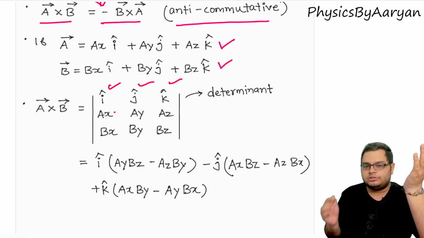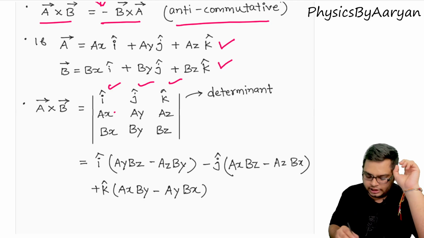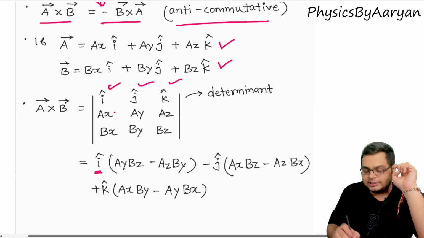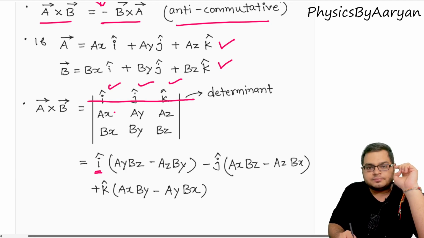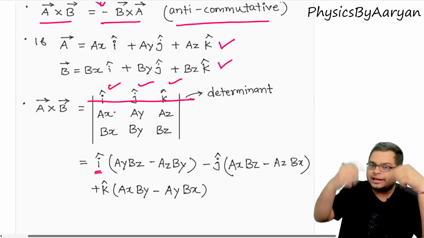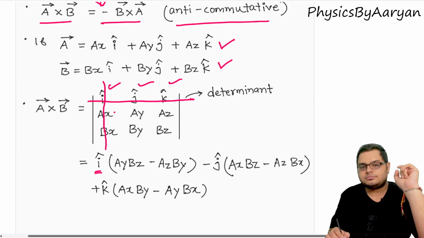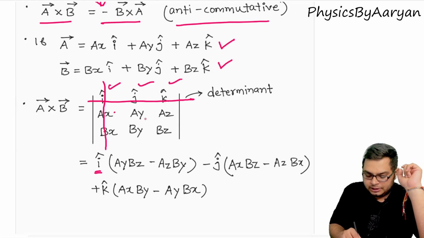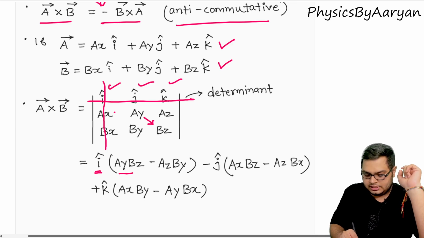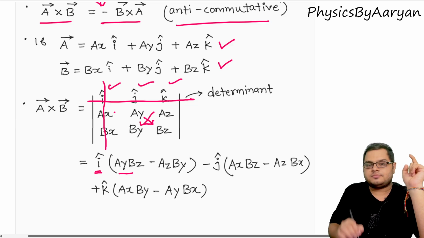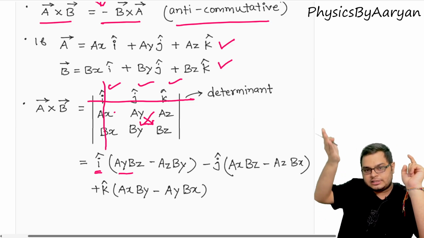Now how to solve this determinant? First thing first, you write your i cap, and then you cancel the row which contains i cap, and then you also cancel the column which contains i cap. Forget about this. And then you multiply ay with bz, ay bz minus az by.